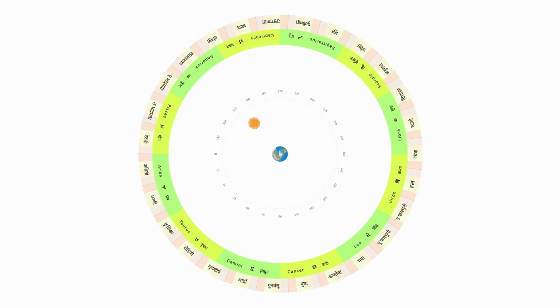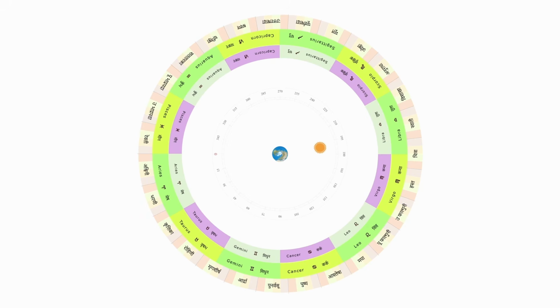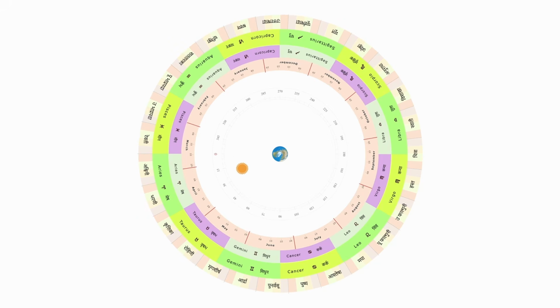Ring next to that has 12 zodiac signs, which represent Nirayan Rashi system or sidereal zodiac. Third inner ring represents Sayan or Western zodiac signs. These are closely tied to the seasons as well as Gregorian calendar. 4 cardinal points are also marked on the same, 2 equinoxes and 2 solstices.